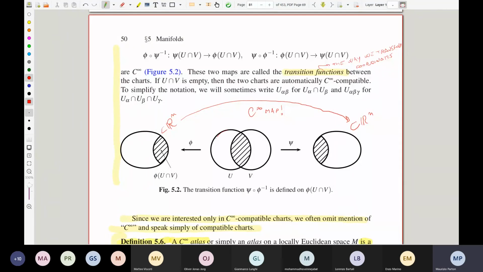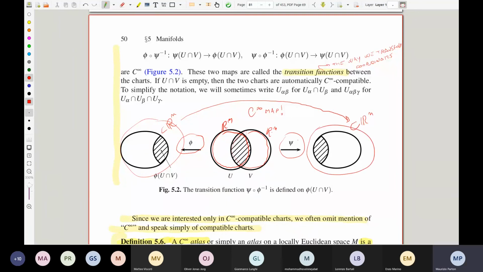So it means that around the point, this is Rn. This is Rn means that there is this map to Rn. And also this one, it is locally like Rn. This means there is this map going to Rn.